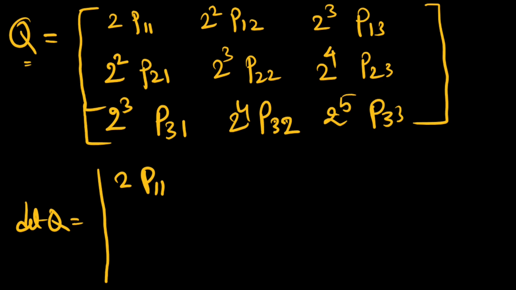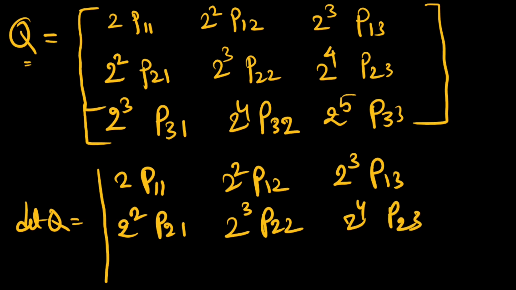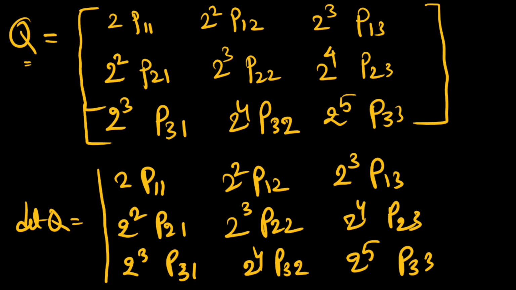If you observe each column, in the first column 2 is common to all terms, in the second column 2 square is common to every element, and in the third column 2 cube is common to every element.